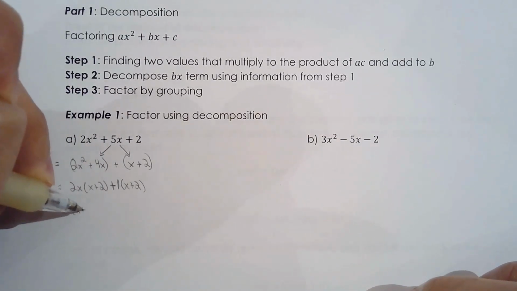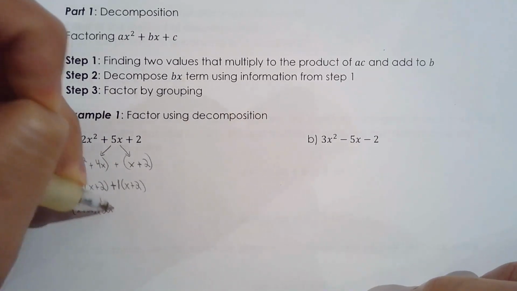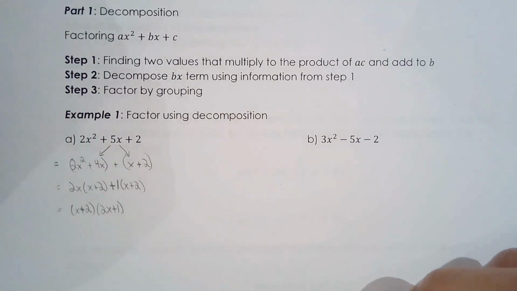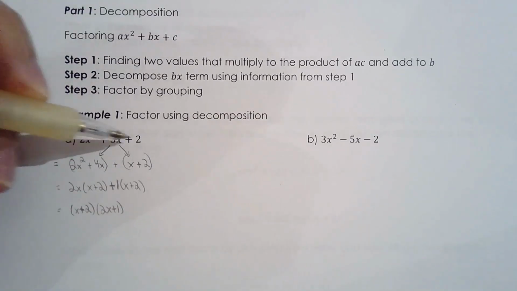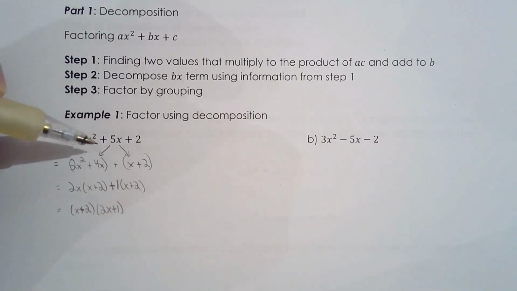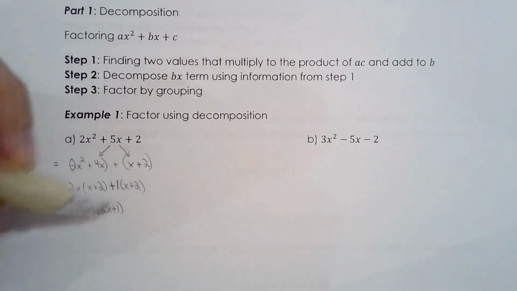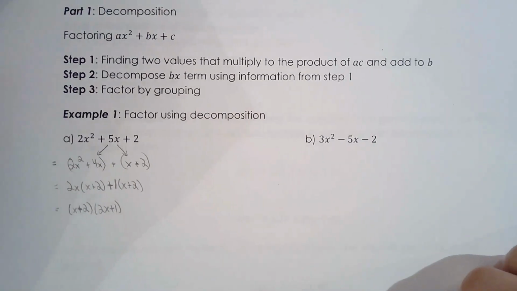I know it's a binomial, but it's a common factor. So x plus 2 is gone, so then you're left with 2x plus 1. So there you go. That's factoring by decomposition. There is no way you can do that in under 10 seconds. Because even though you might know the numbers that multiply to 4 and add to 5 very, very quickly, writing all those steps, just factoring by grouping, is going to take you forever.